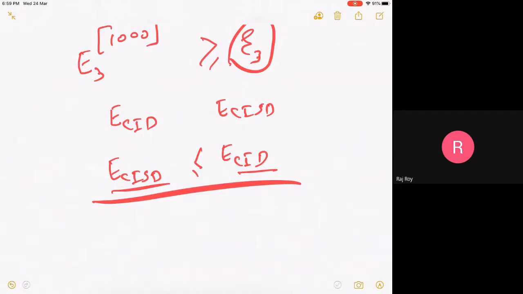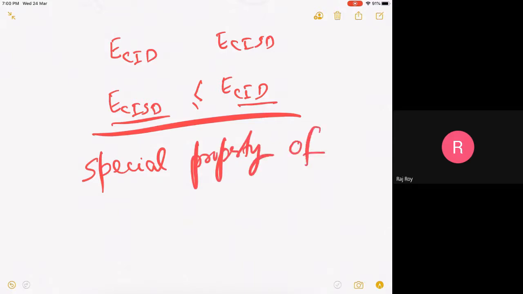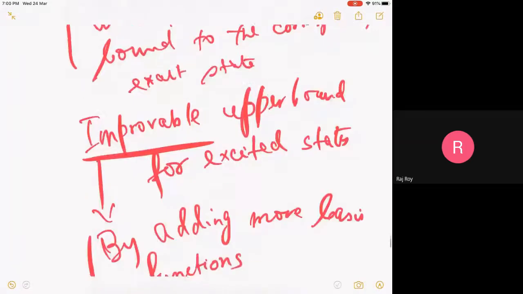And of course, if you have a large number of states, you can very meaningfully apply this. The Hylleraas-Undheim theorem, and this is a very special property of linear variation. This kind of property is not there for other variations.